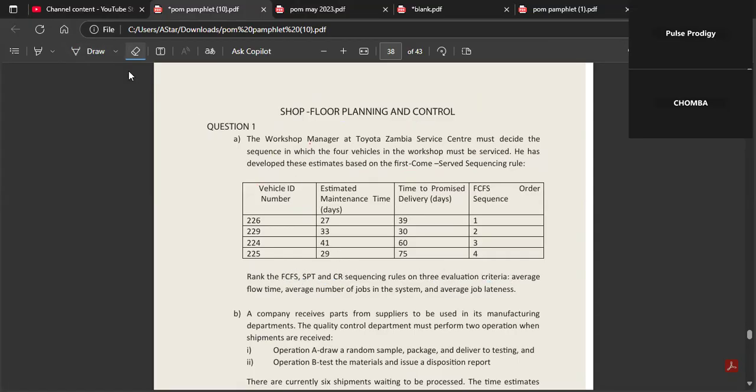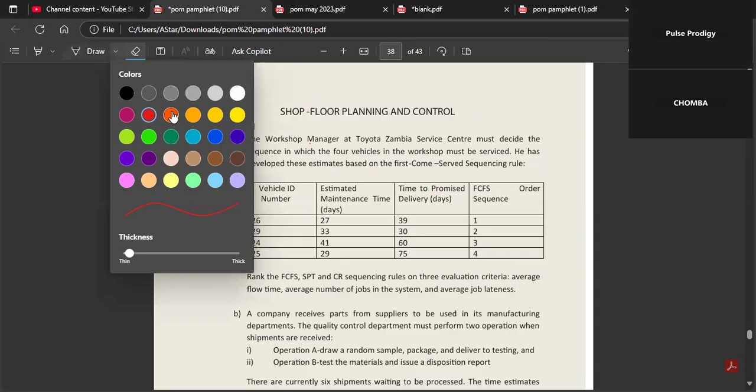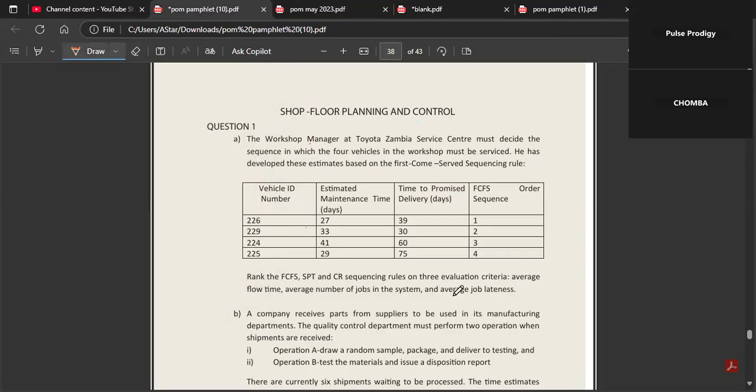They asked us to do average number of jobs in the system, the same as processing time, right? Average job lateness, average number of jobs in the system, and average flow time, not so. Is that okay with you? Yes, madam.